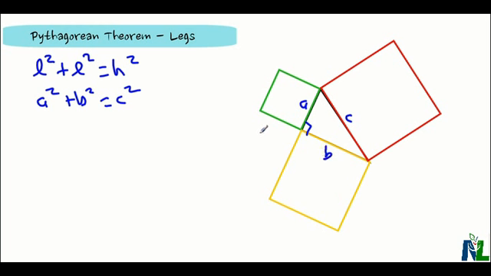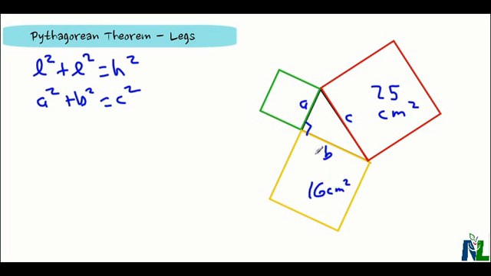So sometimes you're just asked to find the area of one of these missing squares, okay? So if that was the case, say this one here I was given as 25 centimeters squared, and I was given this one down here as 16 centimeters squared.